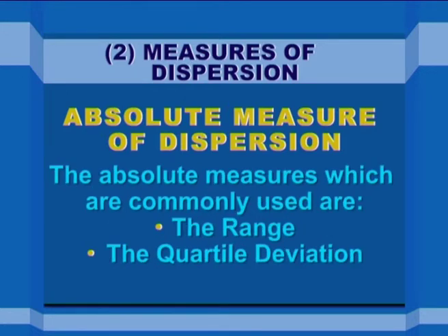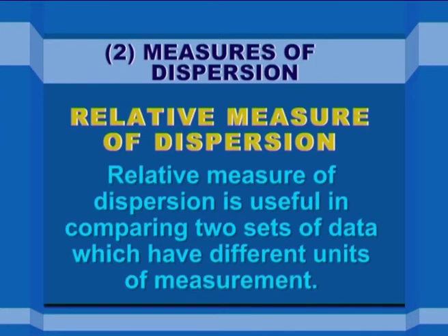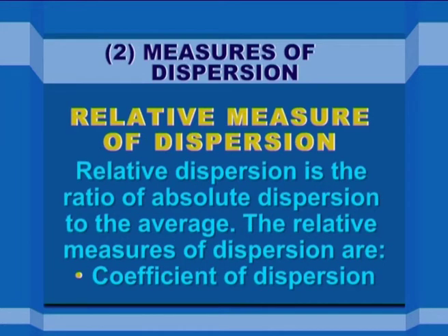The absolute measures which are commonly used are the range, quartile deviation, mean deviation, standard deviation and variance, which we have already discussed. Relative measures of dispersion are useful in comparing two sets of data which have different units of measurement.